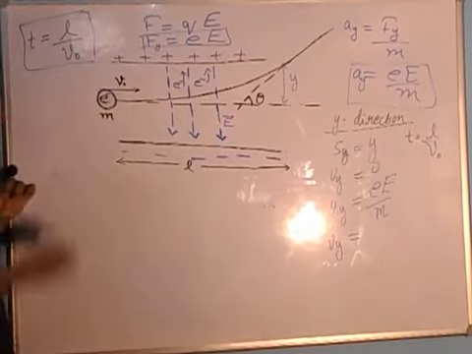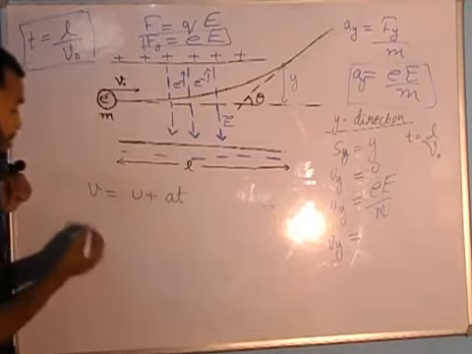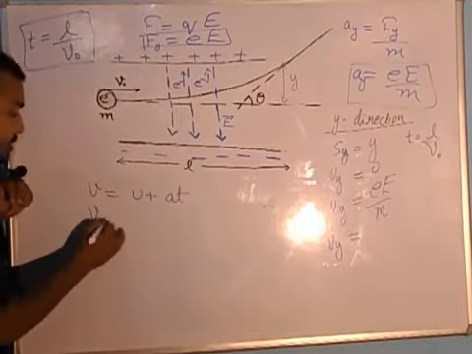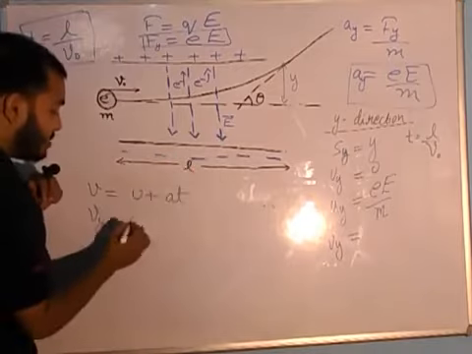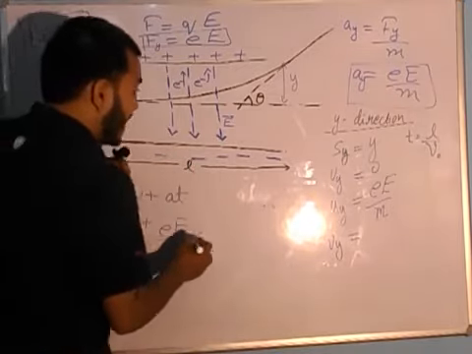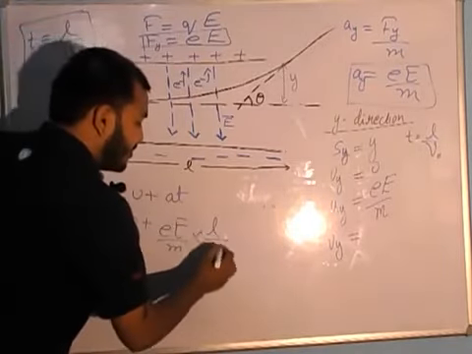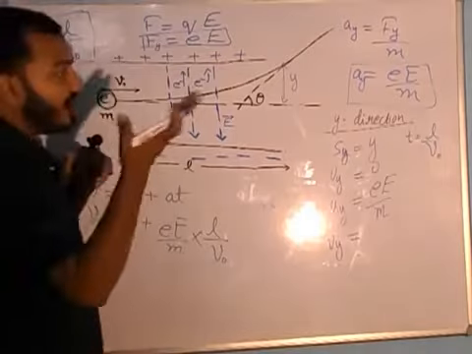Using the equation of motion, V is equal to U plus AT. Now V in the y direction is equal to the initial velocity in the y direction, that is 0, plus the acceleration in the y direction, E by m, multiplied by the time in the y direction. What is the time? It is L divided by V0. The time has nothing to do with the y direction or x direction.